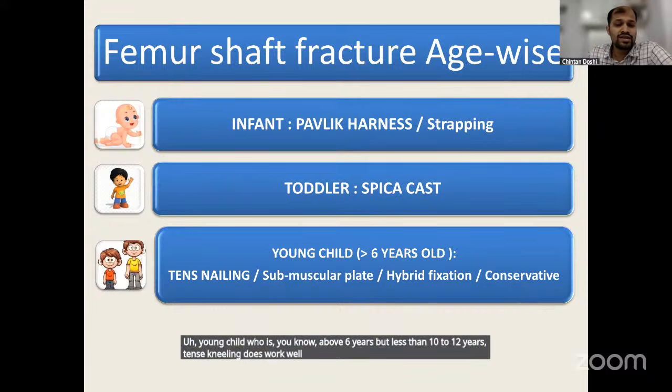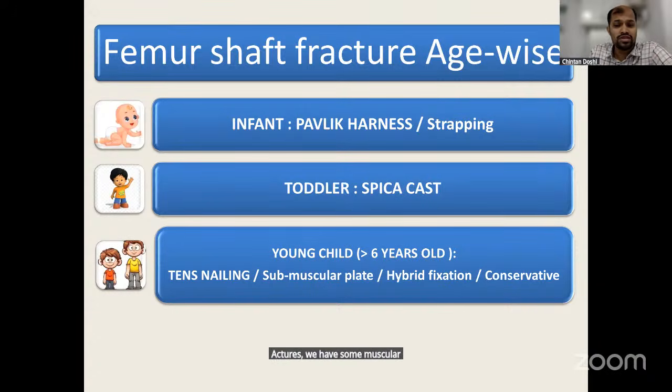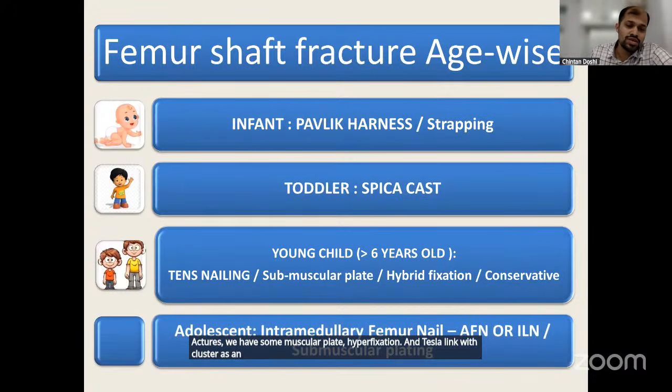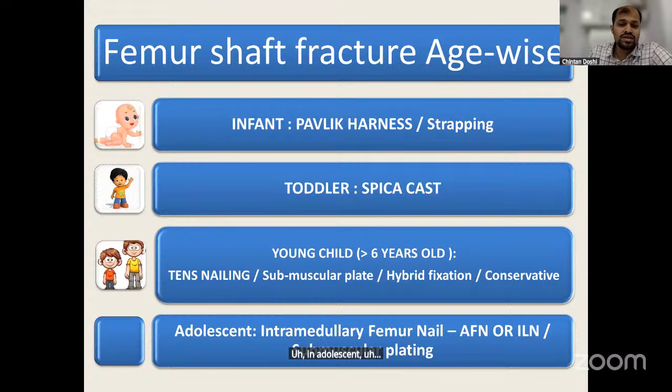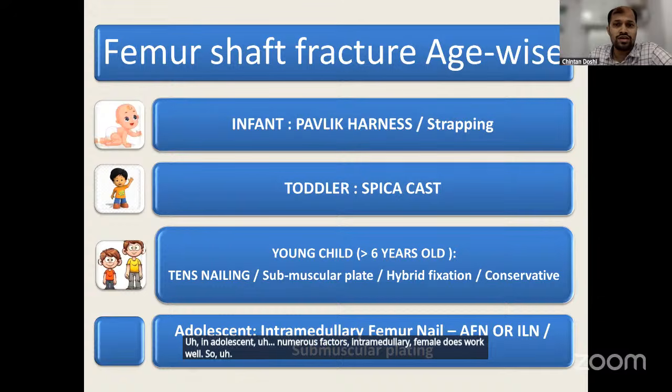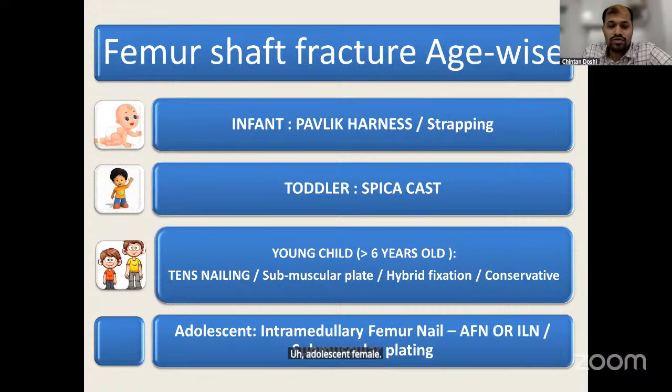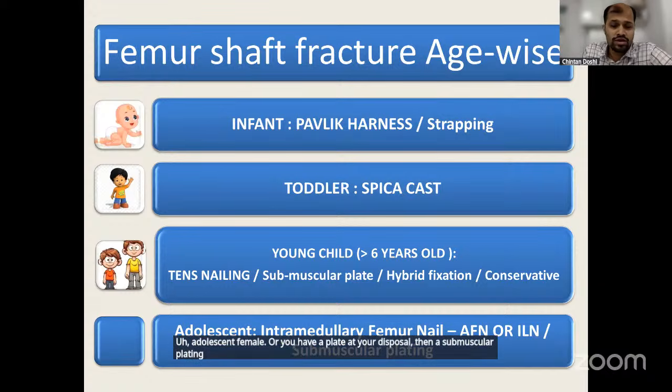In length unstable fractures, we have submuscular plate, hybrid fixation, and tens with plaster as options. In adolescent femur shaft fractures, an intramedullary femur nail works well. So a conventional interlock nail or an adolescent femur nail, or if you have a plate at your disposal, submuscular plating or bridge plating is also a good option.